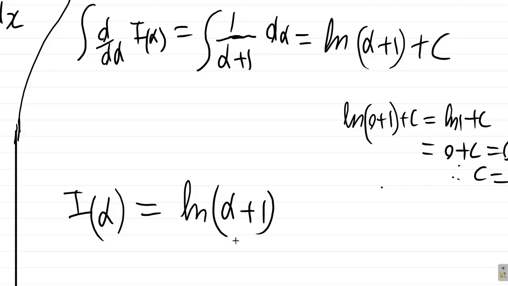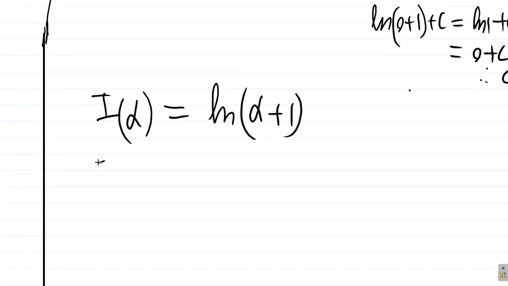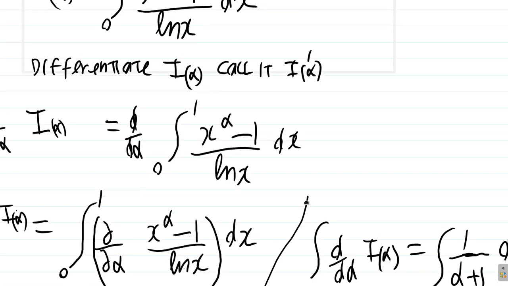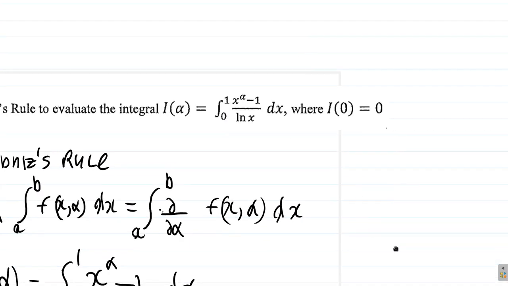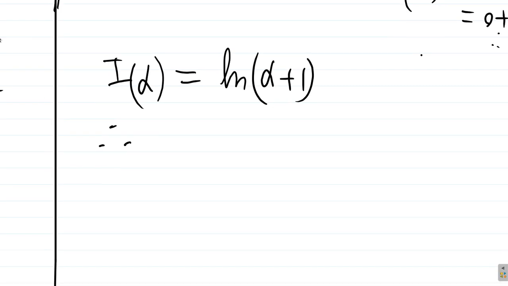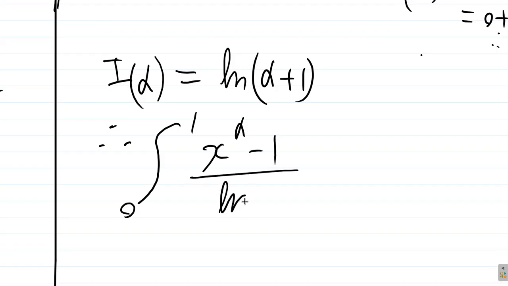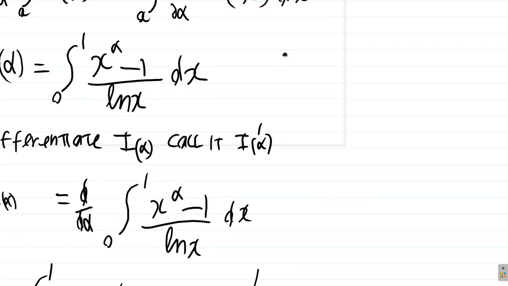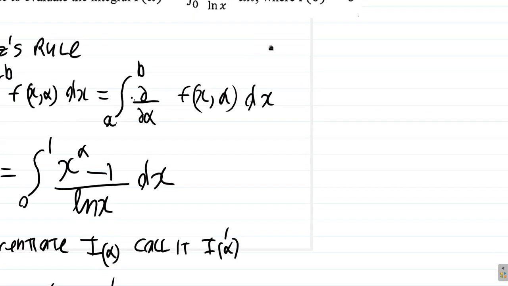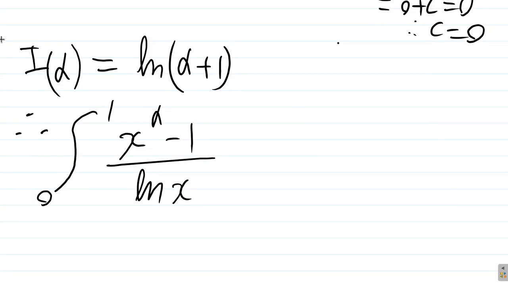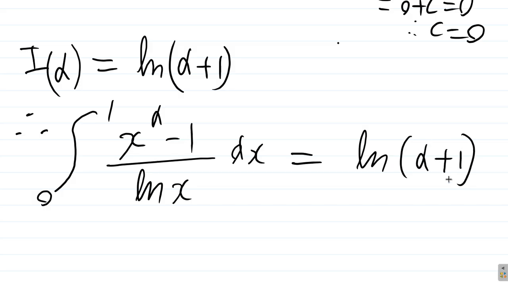So that is what we get as our answer. So we can say, therefore, the integral from 0 to 1 of x to the alpha minus 1 over ln x dx is equal to ln of alpha plus 1.